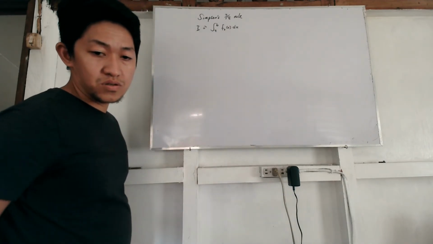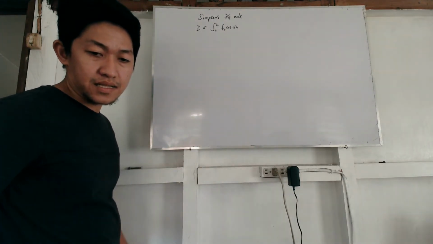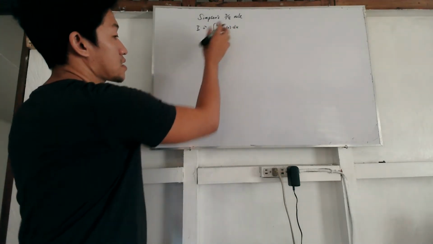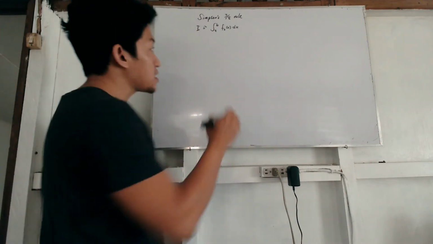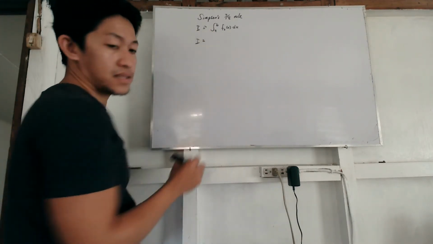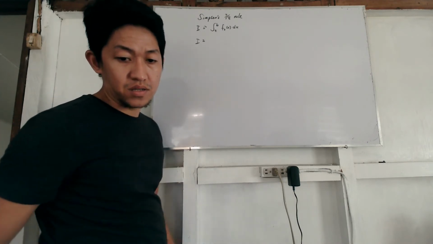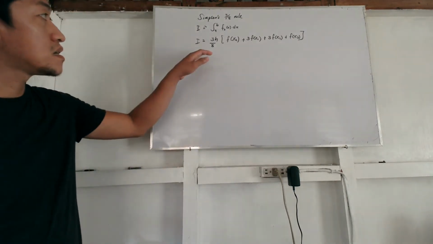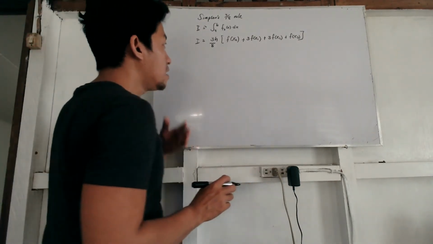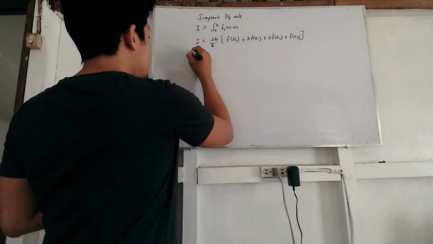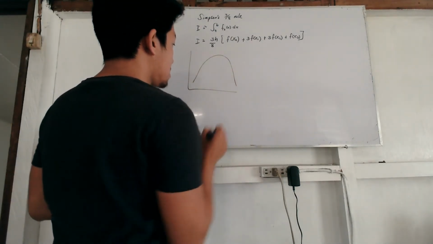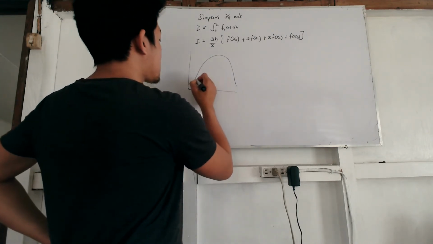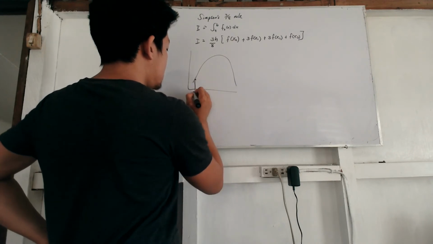Again, same process as the trapezoidal and 1/3 rules, but we change it using the third order Lagrange polynomial. We will arrive at this equation. Okay, so this is Simpson's 3/8 rule, and to apply this one, you need to have 4 points.